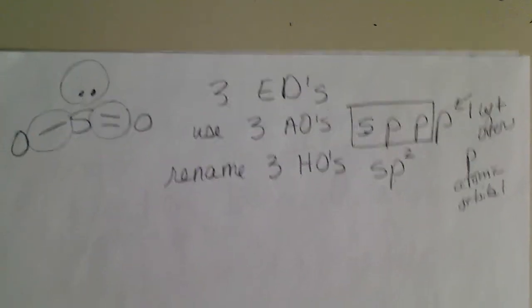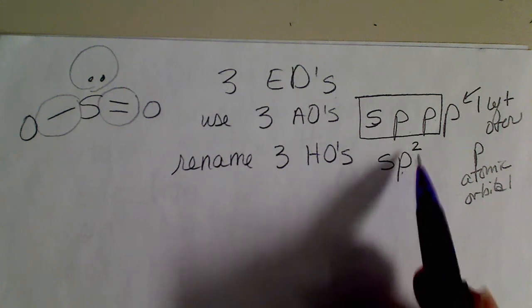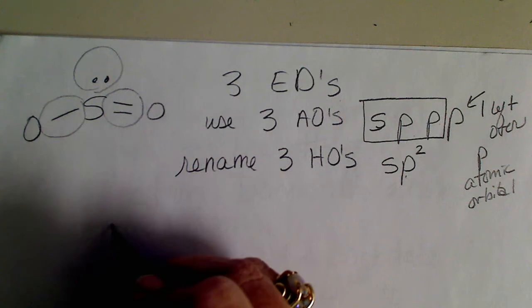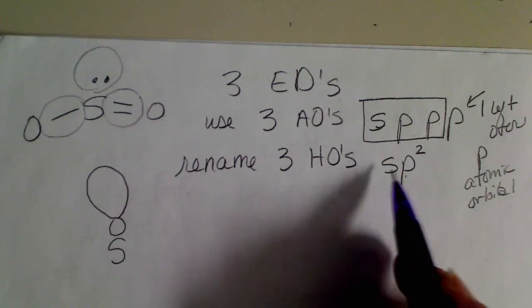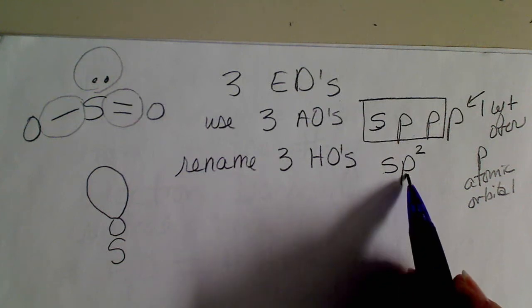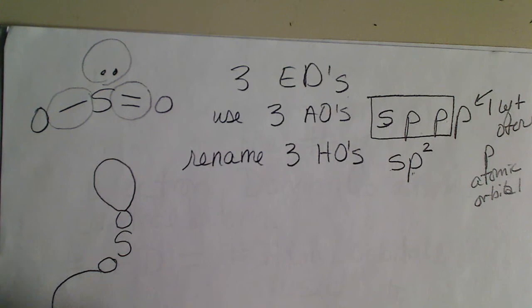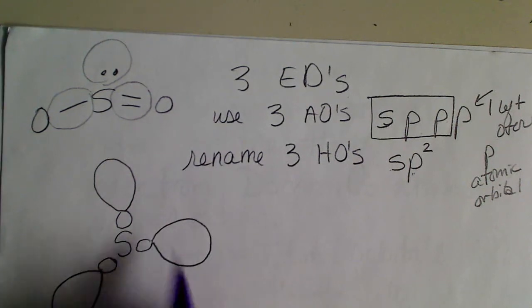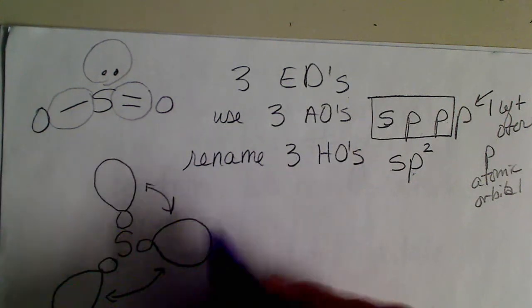So we don't want to get too far ahead of ourselves. So 3 sp2 hybrid orbitals would be around the sulfur. If I drew sulfur, then the sp2 would still be part s in character and part p in character. And since there are 3 electron domains, these hybrid orbitals would maximize the angle between them because there are electrons.